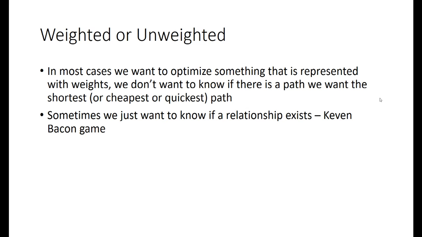That's usually why we're using a graph. We don't want to know if there is a path, we want to know the shortest or cheapest or quickest path. And if that's the case, then we have to use a weighted graph. But sometimes we just want to know if some relationship exists. We're not so worried about efficiency, we just want to know whether it exists.